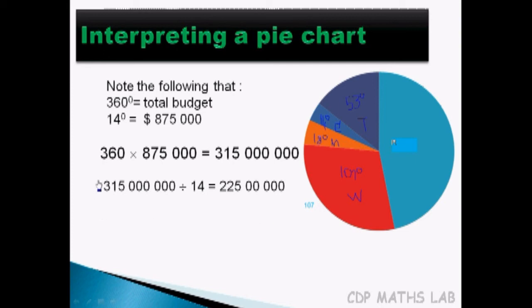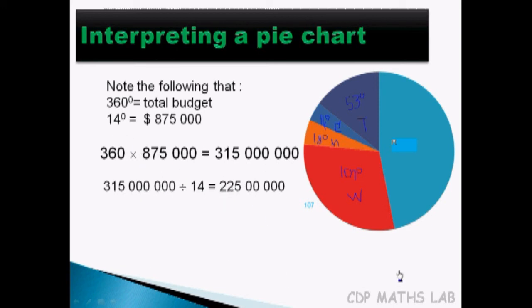So first of all, if you are given an amount which is a part of the total budget, you simply multiply 360 by the amount given, and then whatever answer you have received for that, you divide it by the angle given as well to get your answer.